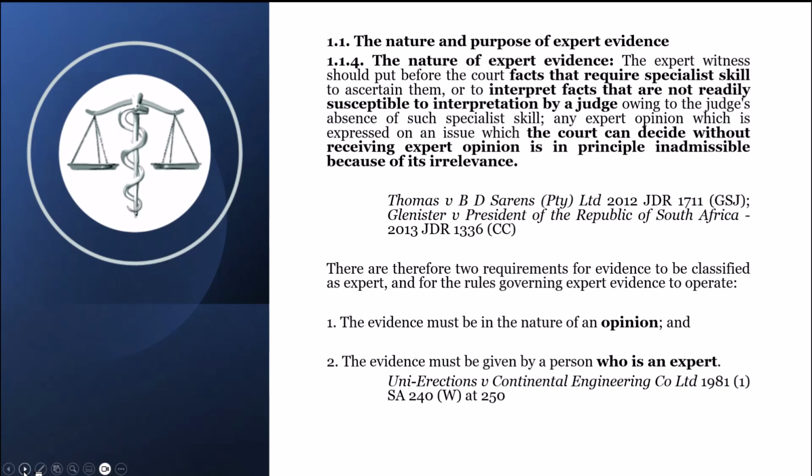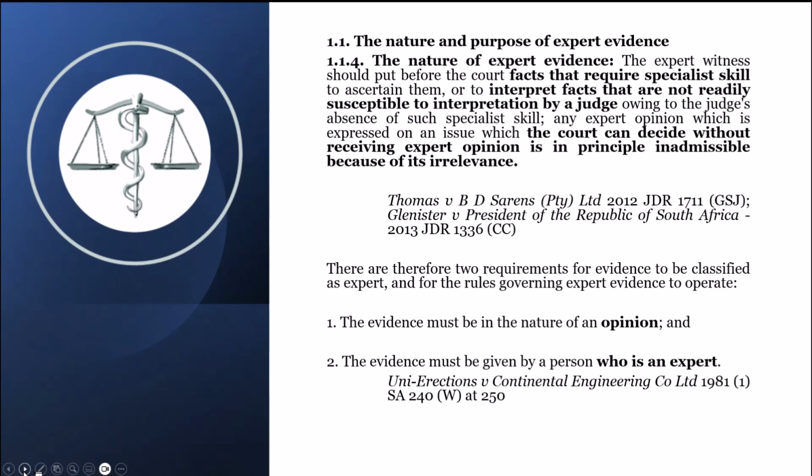You are an expert, and then you've got to convince the court of the cogency of your opinion, or as I like to say, your argument. Ultimately, opinion is the correct word, but I think it's very handy to think of it as an argument, because that is correctly what's going on. And then if we look at the nature of the evidence, once you've got through the gateway of being an expert, then you must put before the court facts that require specialist skill to ascertain them, right?